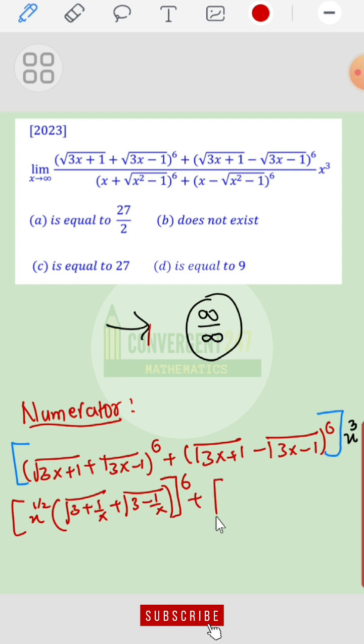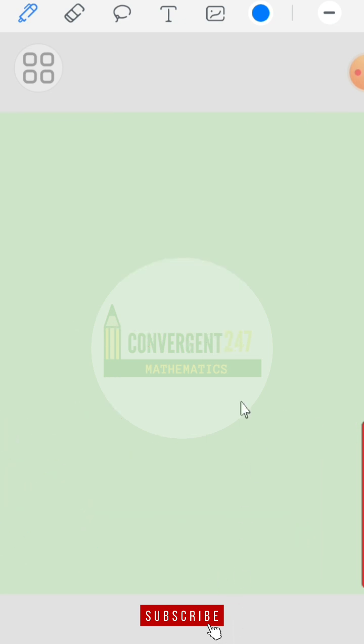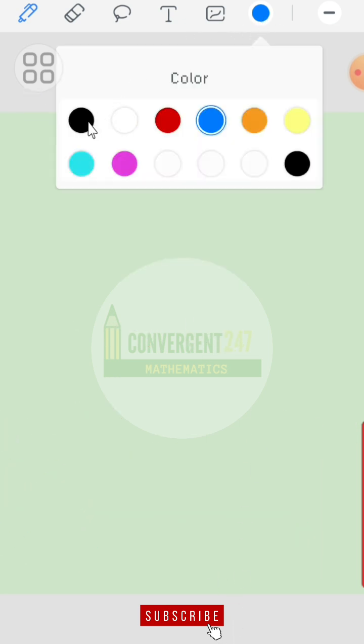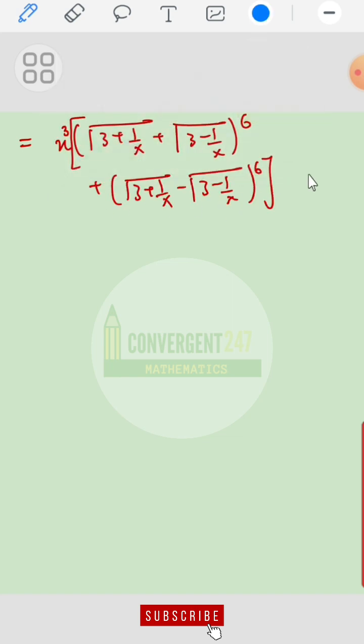Similarly here. Now what is it going to become? Now the 6 will split over these two terms. So what will I get? This is going to become x to the power 3, x cube outside.